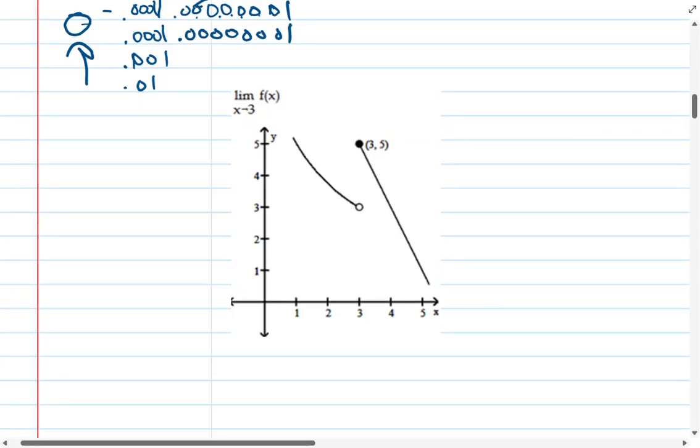Now on this one is a picture, and we can see a gap.